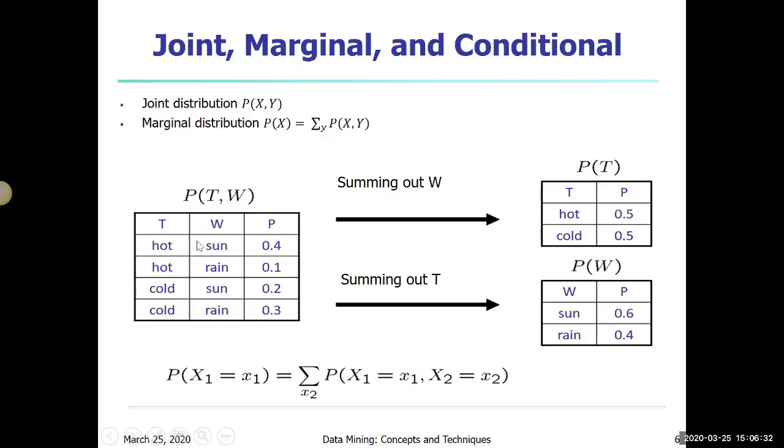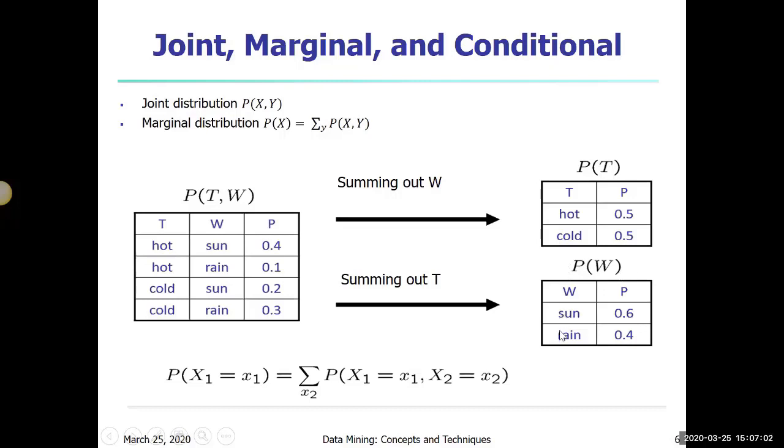The probability for hot and sun to occur is 0.4, and so on for the others. If we want to find the marginal probability for T, the temperature, we're simply going to sum out W. So this is the sum for hot, 0.5. This is cold, summing out sun and rain, 0.5.